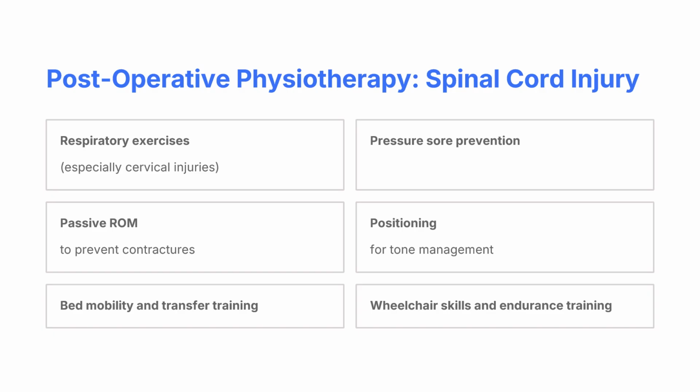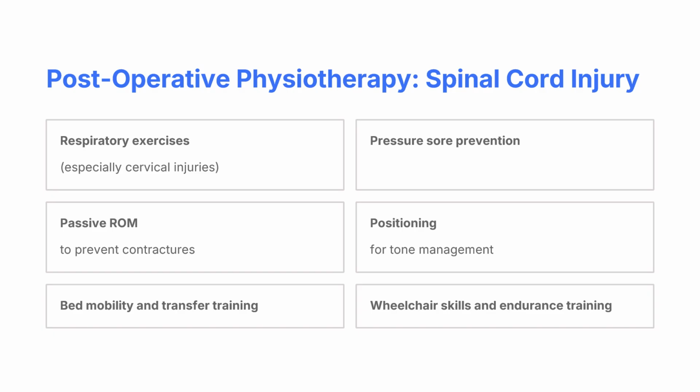Other than that, transfer training should be done once the tone is improved. Wheelchair skills should be given. Endurance training should be done once we gain muscle control. This rehab program will restore the independence of the patient, though it may not restore the nerves.